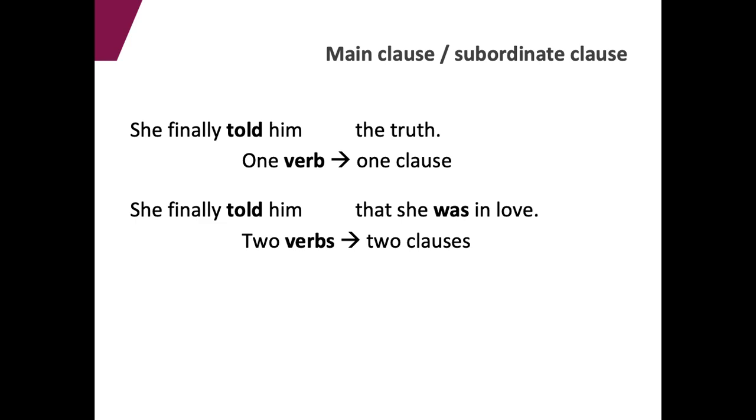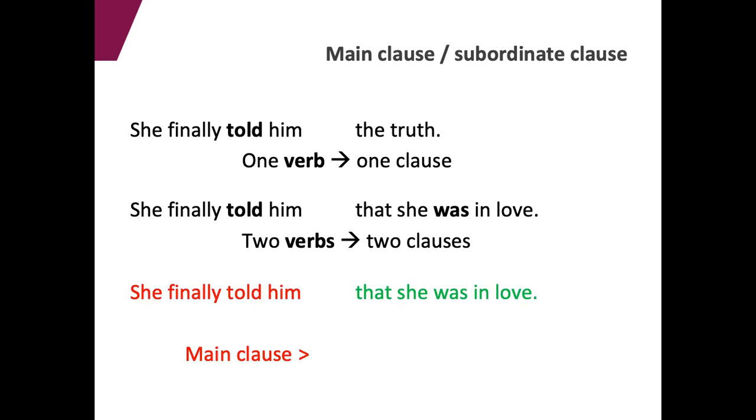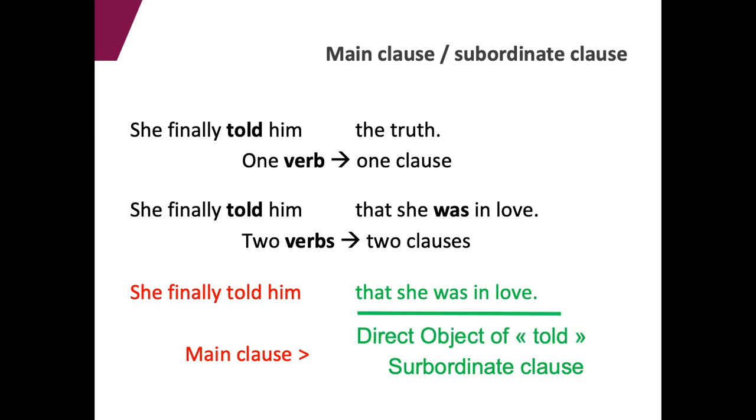So here, the whole sentence is the main clause, and the subordinate clause is embedded within the main clause. It's the section in green. So how do I know it's the subordinate? Because I can only analyze it in relation to the main clause. The subordinate is in fact the direct object of the verb told, the verb of the main sentence.